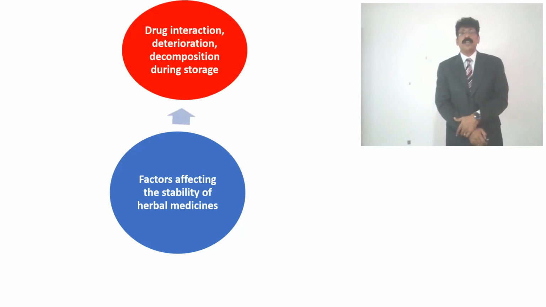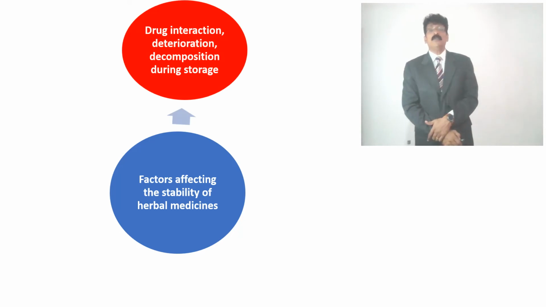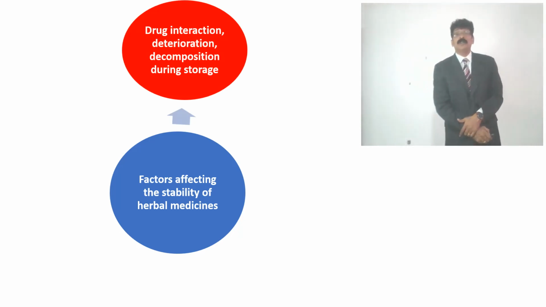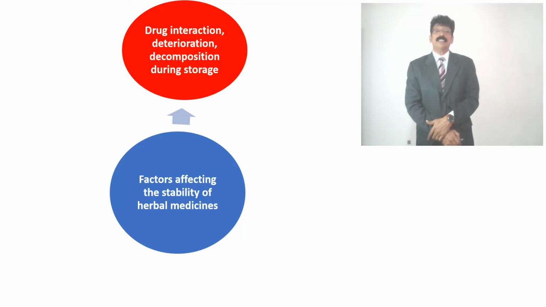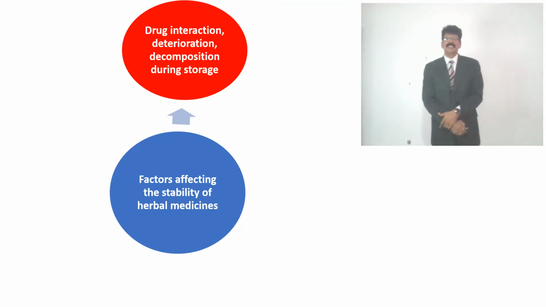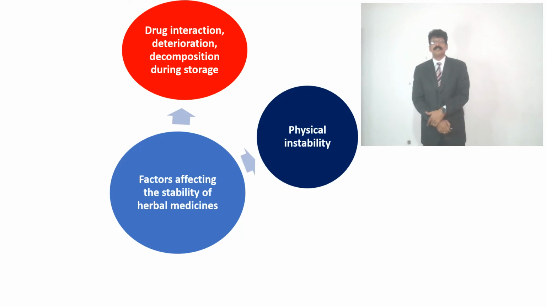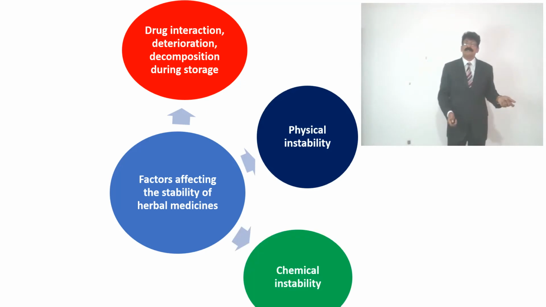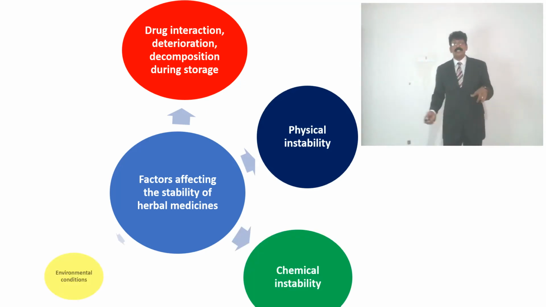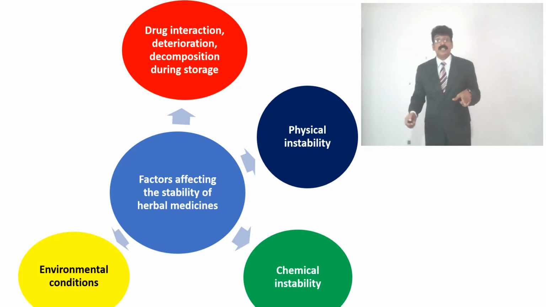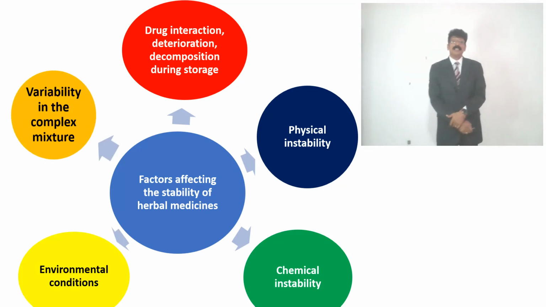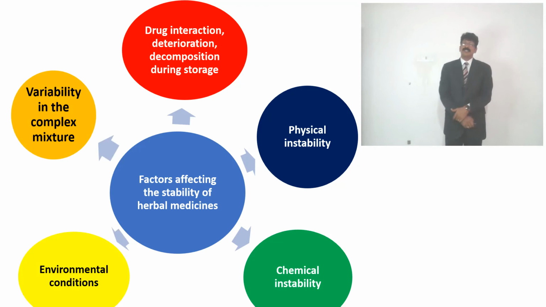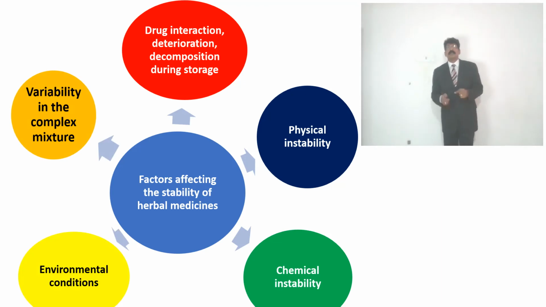So the factors we have to remember are drug interaction, deterioration, decomposition during storage, physical stability, chemical stability, environmental conditions, and variability in the complex mixtures of herbal drug preparations.